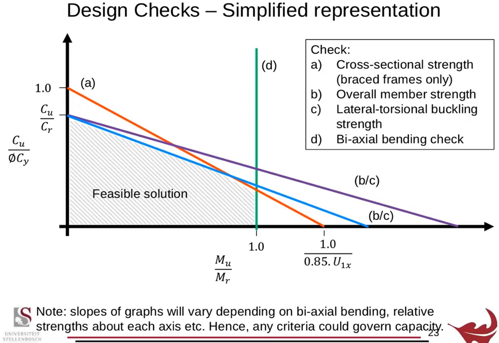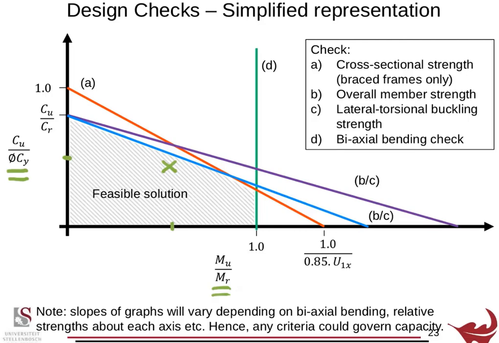And if we put all of that together, we get to a simplified representation of something like this. On our one axis, we've got our ratio of force over axial capacity. On the other axis, we've got our ratio of moment over moment capacity. And when we do our checks, we will have some sort of interaction. Let's say now our ratio of force and our ratio of moment, and we have a solution that is there.